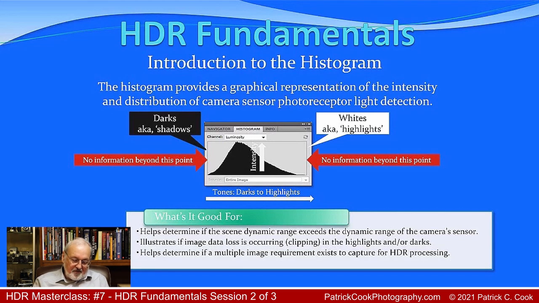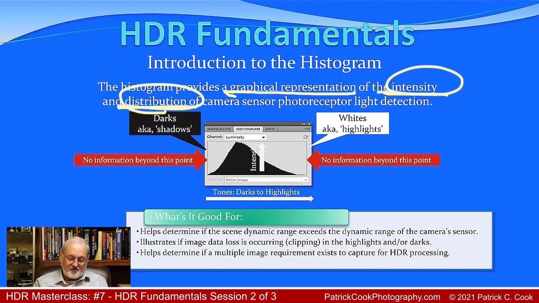The histogram is a graphical representation of the intensity and the distribution of the light falling on your camera's photoreceptors of your camera's sensor.